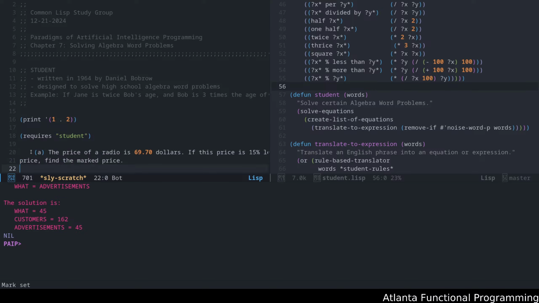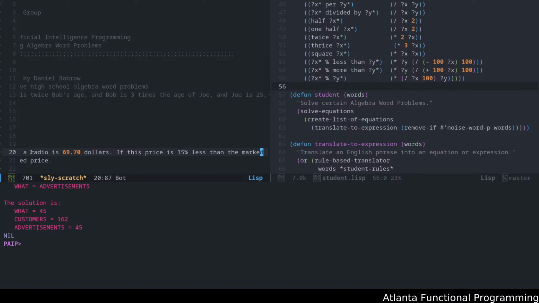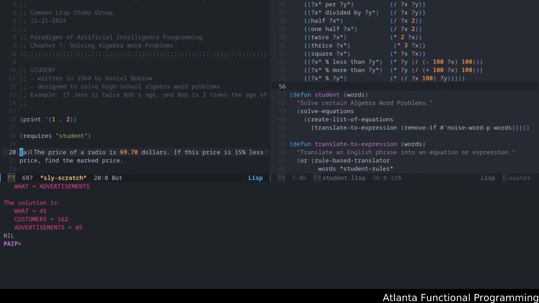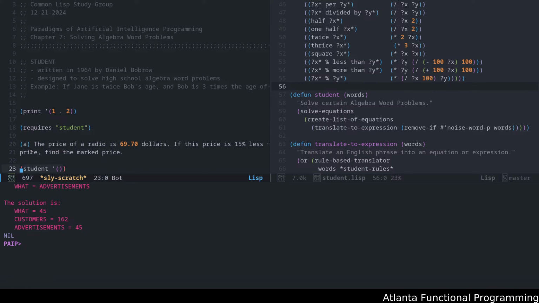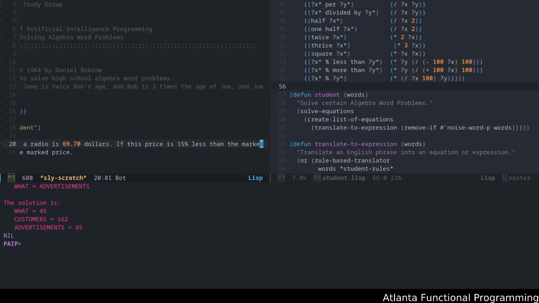Good. Okay. Let's see, dollar sign. Okay, let's move this and do this.